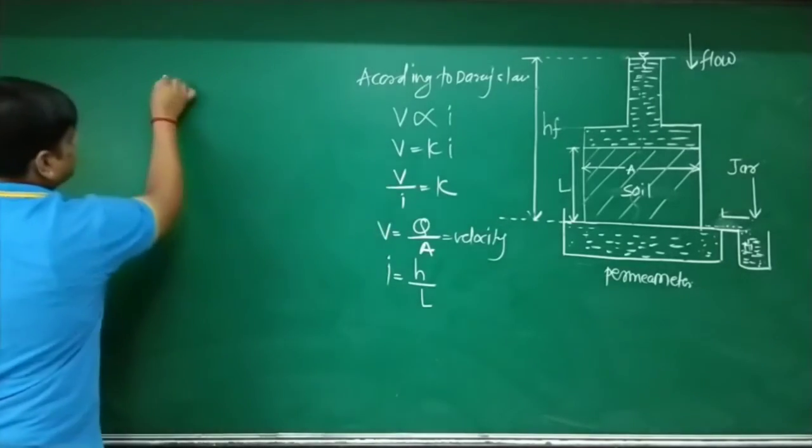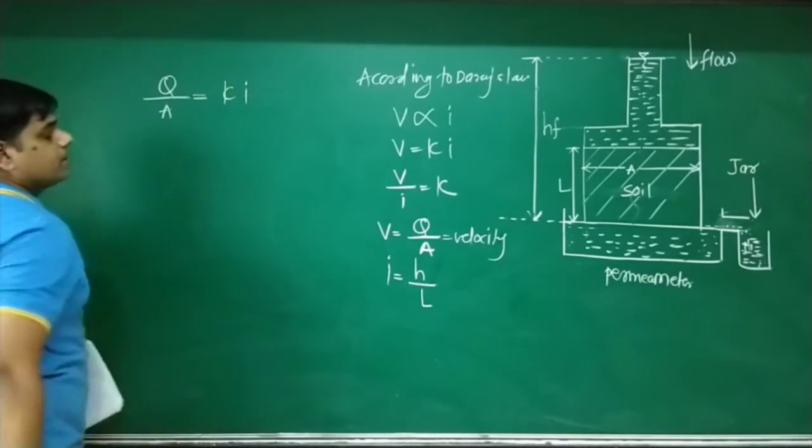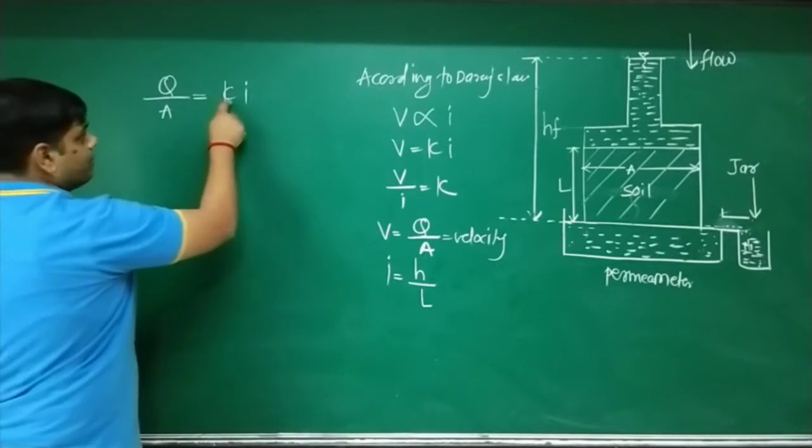Now I am going to replace these terms in the expression. V replaced by Q by A is equal to K into I. We are interested to get the value of permeability.